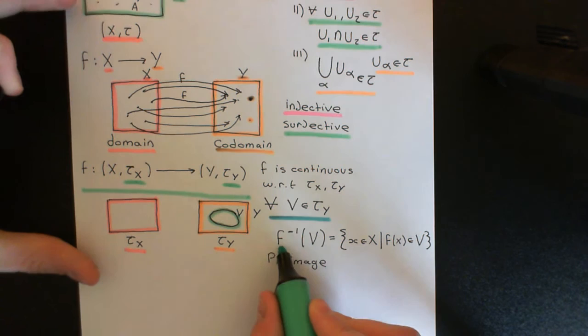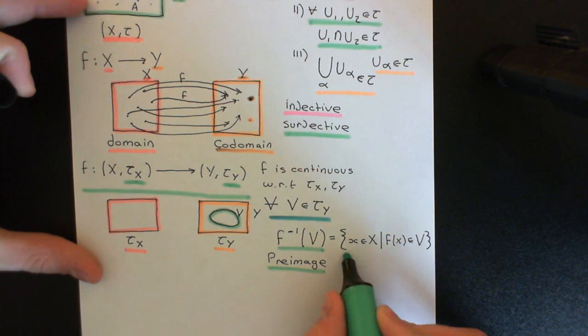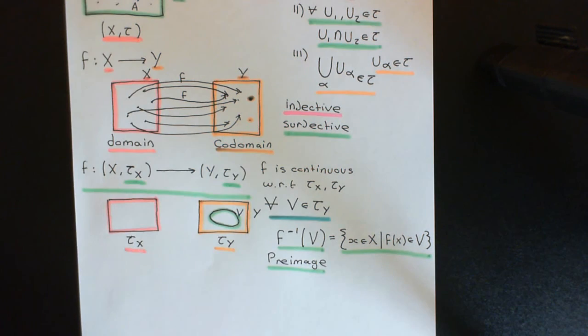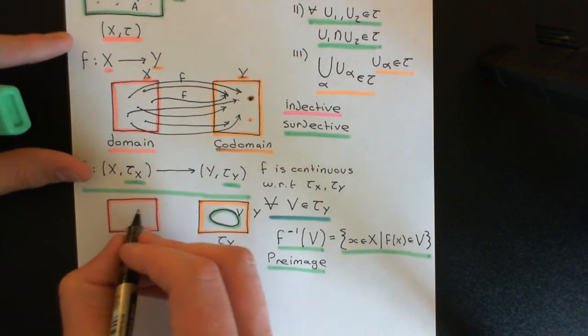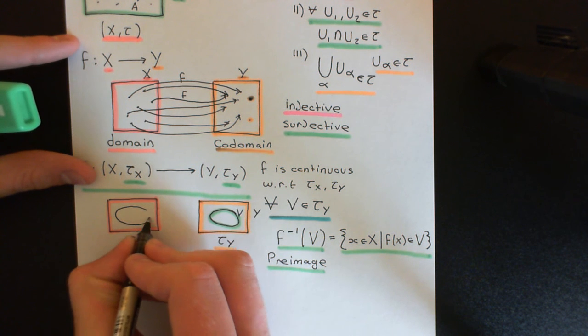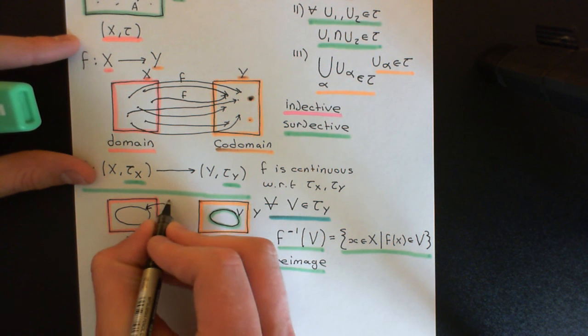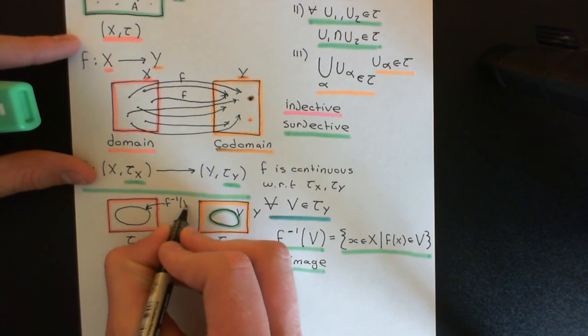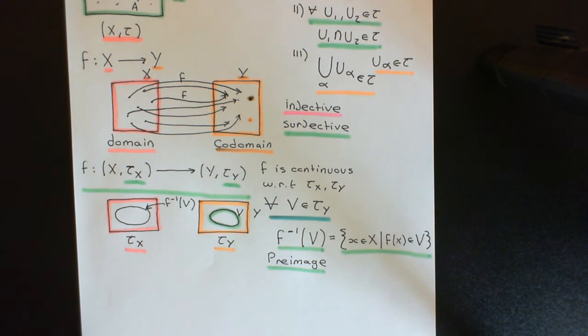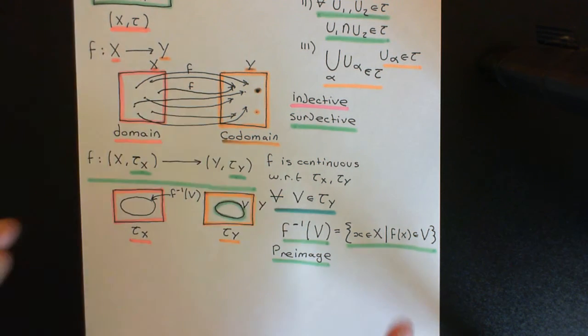So, intuitively then, what does this mean? The pre-image is going to be a subset of our set capital X over here. Okay, so I'll draw it here. So here, this is the pre-image of the subset capital V. And again, the concept of the pre-image is a concept from set theory. You don't need topology in order to define the concept of the pre-image. It's something that's defined in set theory.